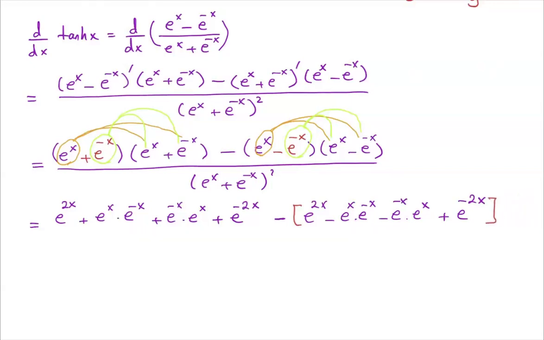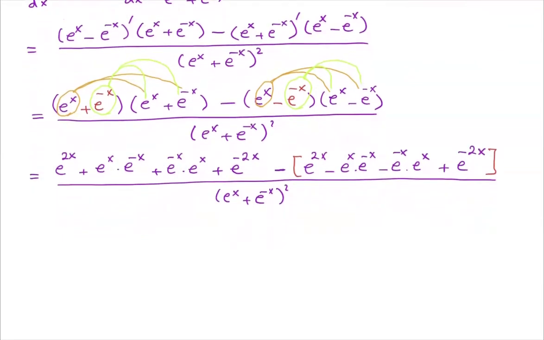Divide everything by the denominator to the second power and leave it as it is. So here you have e to the x plus e to the power minus x, to the second power. Very good. So let's take a look at our numerator.